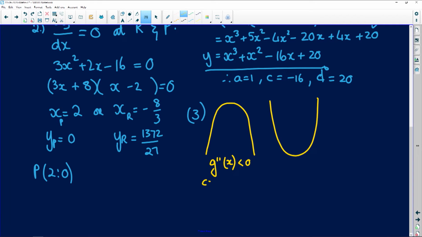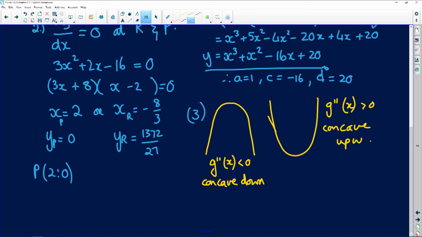Then it's concave downwards. Here, the second derivative with respect to an x value is positive. Now, we can see that because if we draw tangents to the curve, even though they're negative, they're starting to become positives. So this is concave upwards. Now, folks, this is how you're going to remember it.